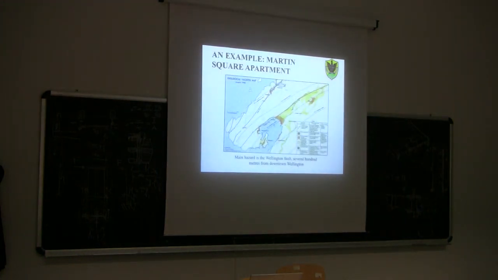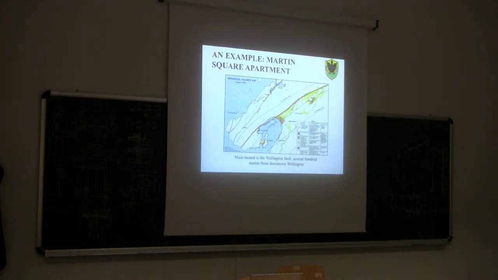And this is what I wanted to show you before, an example of a light frame timber building built in New Zealand, in the capital, Wellington, which is in the southern part of the North Island. As you can see here, there is a fault line going right through the city.